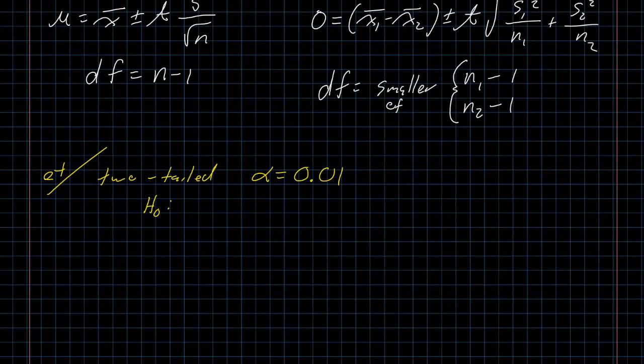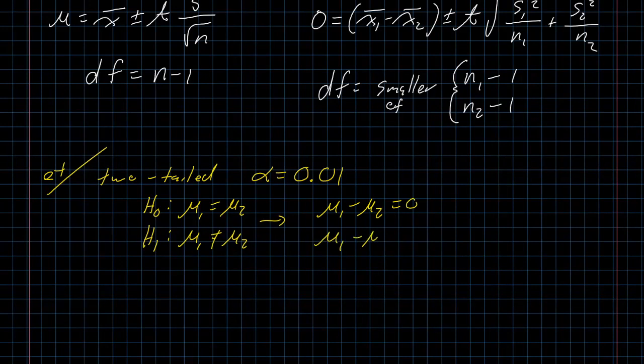The null hypothesis is that mu1 is equal to mu2, and the alternative hypothesis is that mu1 is not equal to mu2, and we will rewrite those to get everything on one side. So we'll write that mu1 minus mu2 is equal to 0, or that mu1 minus mu2 is not equal to 0.